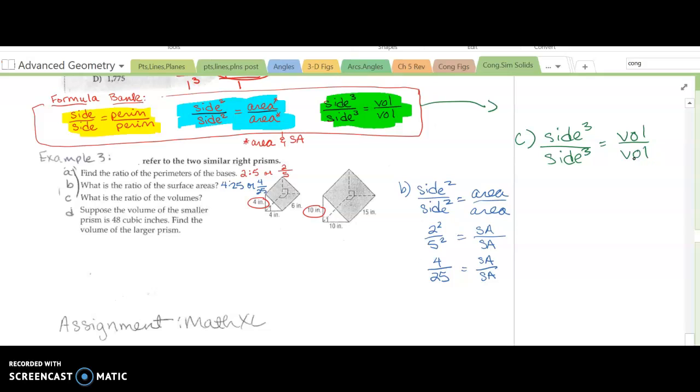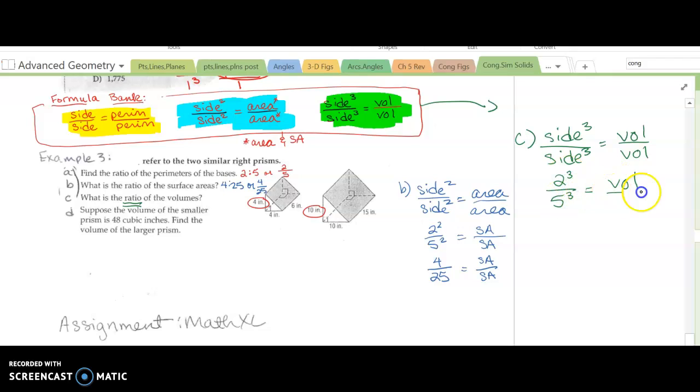So again, I don't have to actually find the volume of either one of these right triangular prisms. I don't even care what the actual volume is. It didn't ask me for the actual volume. It just asked me for the ratio of the volumes. So all I have to do is take those matchy-matchy sides, 4 to 10, or let's go ahead and reduce that to 2 is to 5 again. And I just cube it.